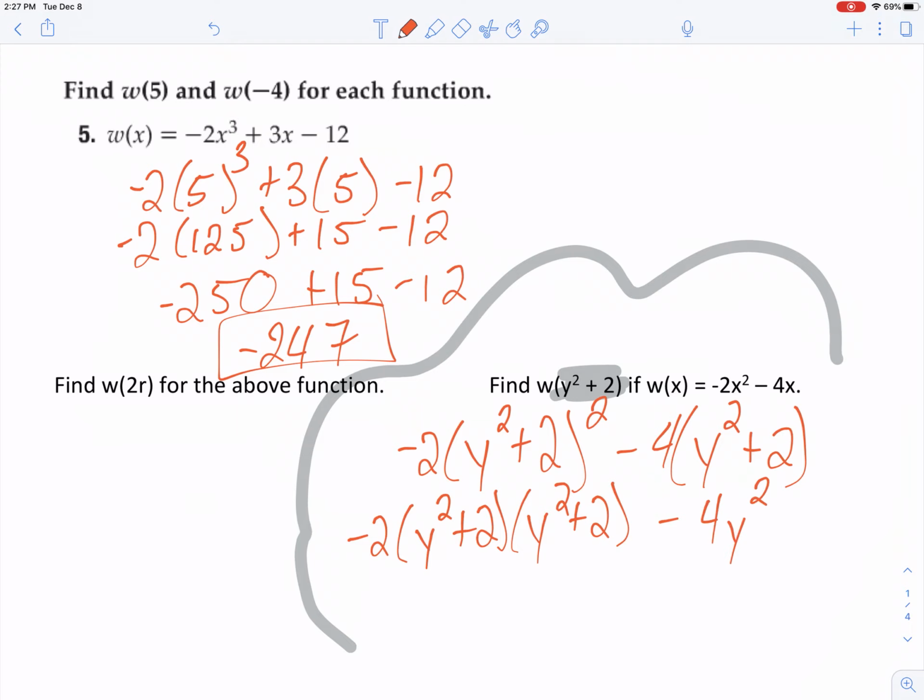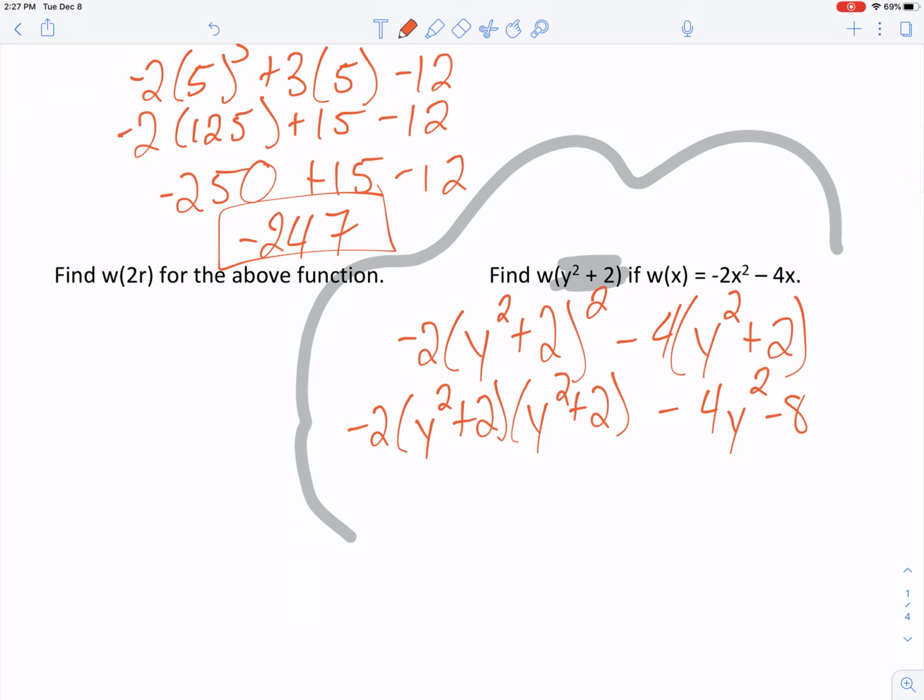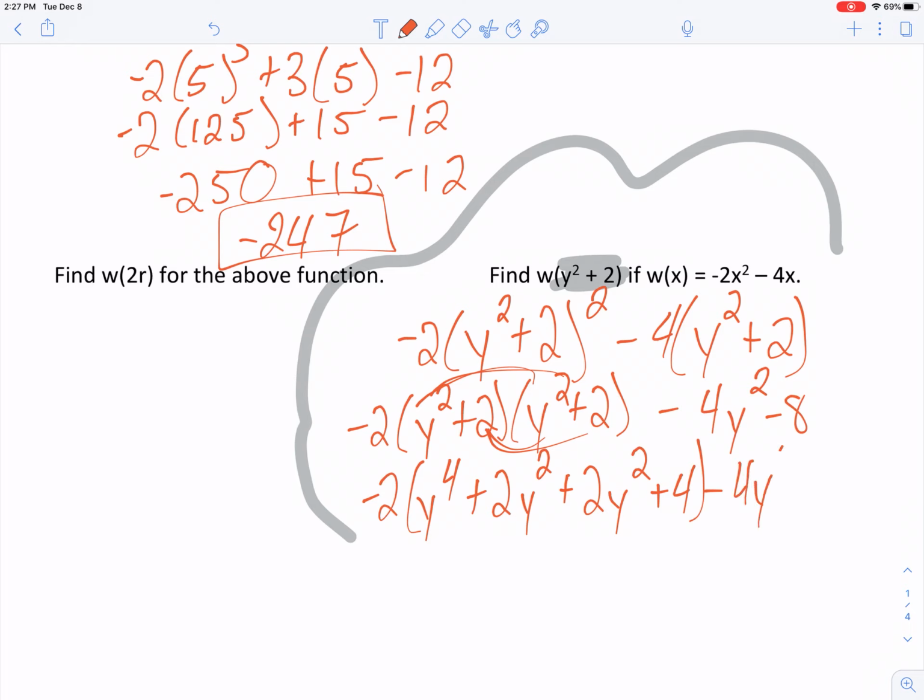I'm going to go ahead and distribute on the last half since I'm here anyway. So now I have y to the 4th, 2y squared, 2y squared, and 4. Okay, all I did was the distributive property there. Now I'm going to go ahead and do a distributive property here. Actually, I'm going to combine like terms.